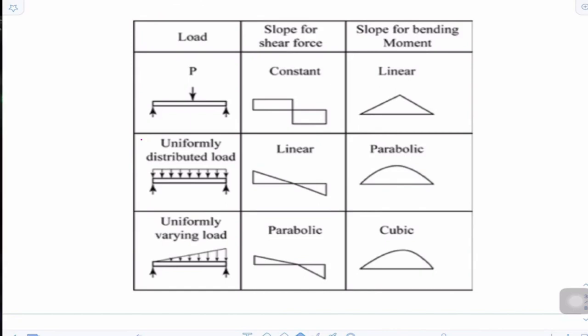That means in this portion from this point to this point there is no load condition. So on the no load, shear force is constant. Okay, and within this no load condition bending moment is an inclined straight line. You need to follow this.